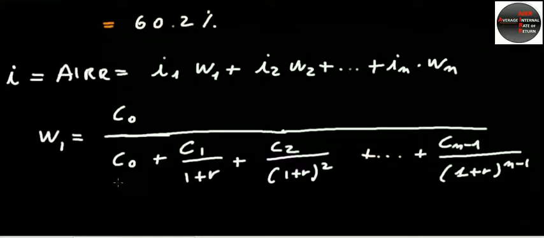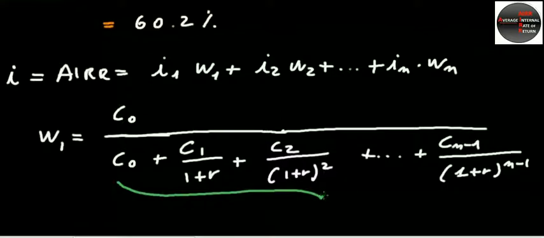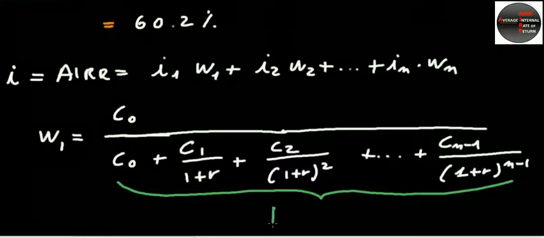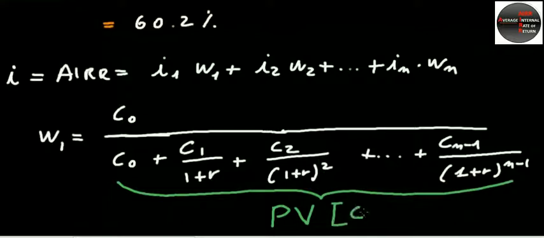We can also denote this total capital with the symbol PV, present value of the capital. And this is the first weight.